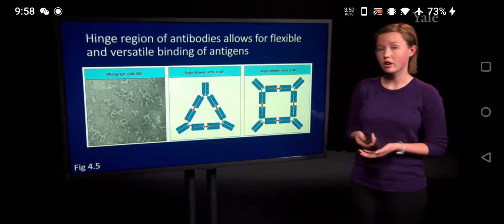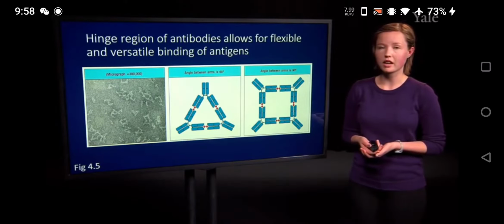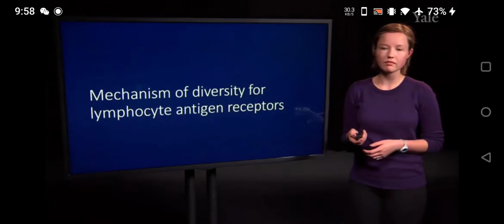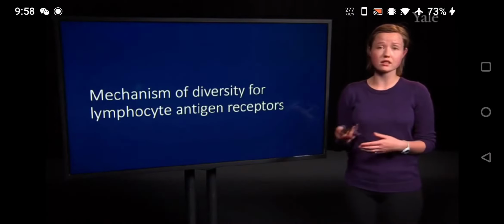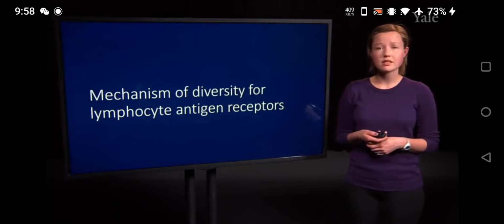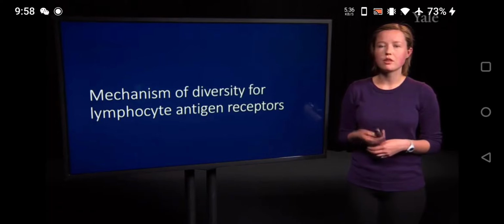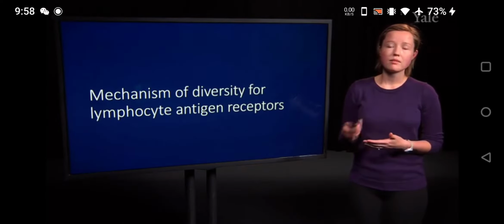So now that we've understood the structural differences and similarities between B cell receptors and T cell receptors, I want to go into the mechanism by which lymphocyte antigen receptors are actually formed.